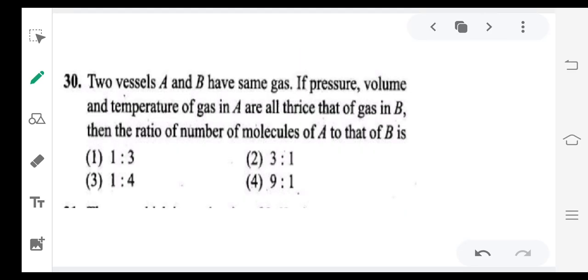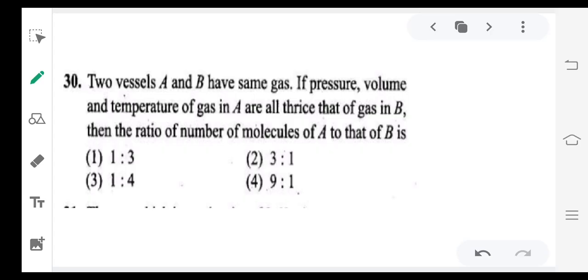Next, two vessels A and B have the same gas. If pressure, volume and temperature of gas in A are all thrice that of gas in B, then what is the ratio of number of molecules of A to that of B?